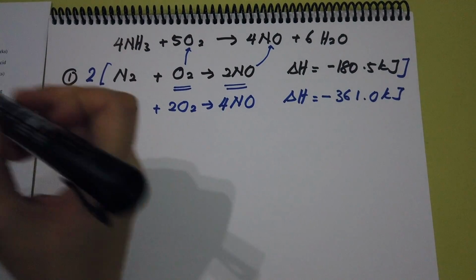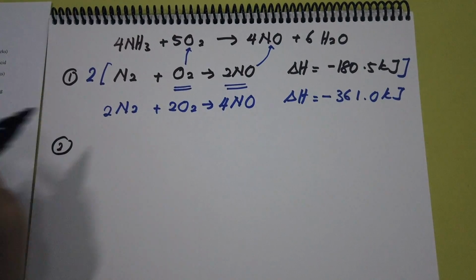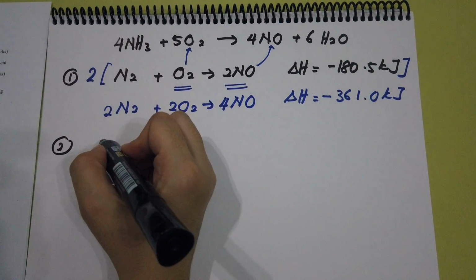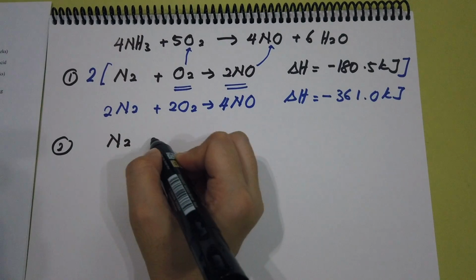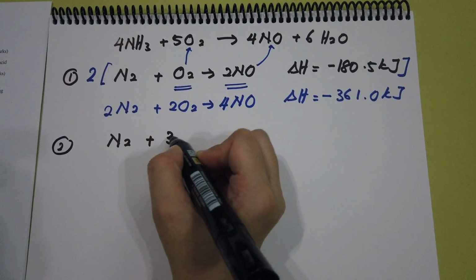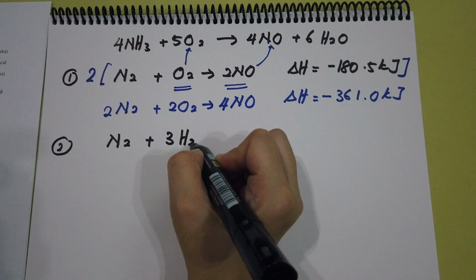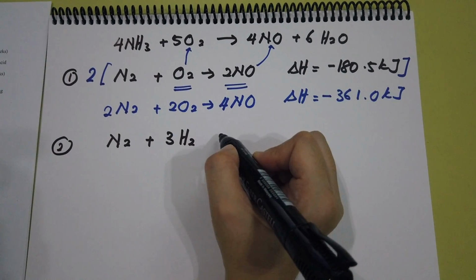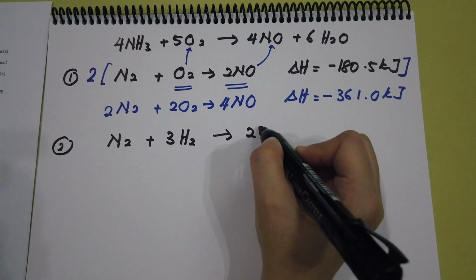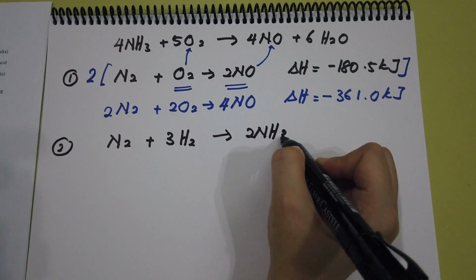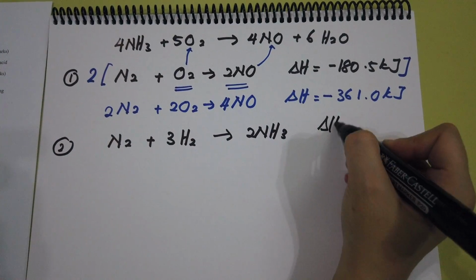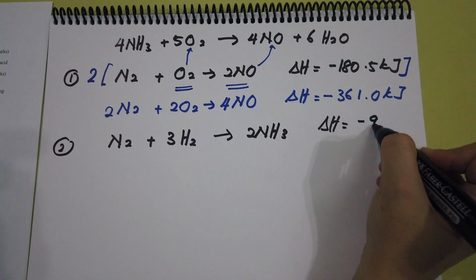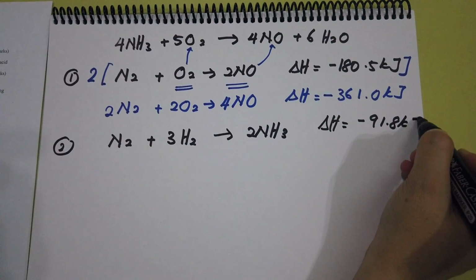Moving on to the second equation. The second equation is N2 plus 3H2 will produce 2NH3. Your delta H is equivalent to negative 91.8 kilojoule.